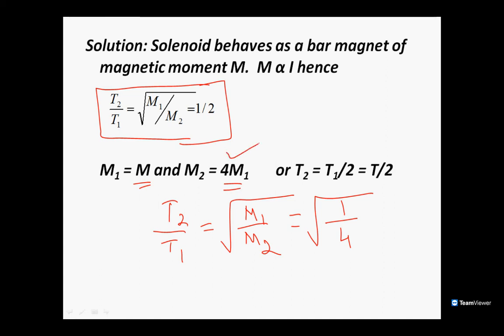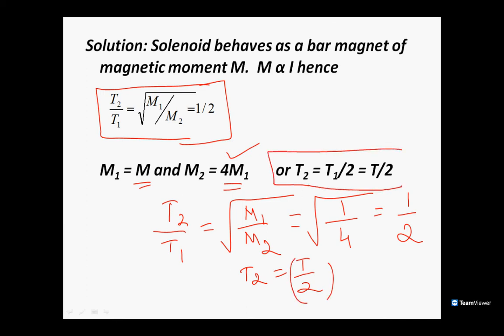If current increases, then magnetic moment also increases 4 times. Then you calculate it is 1 by 2. So T2 equal to T divided by 2. T1 is nothing but T here.